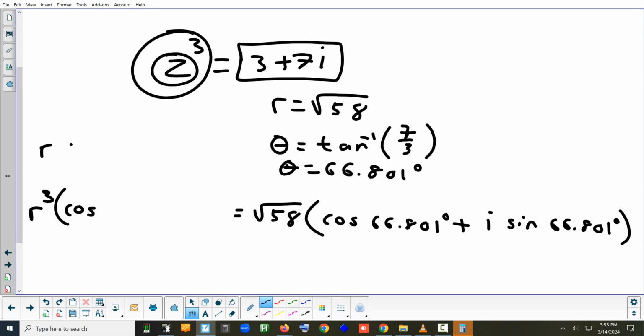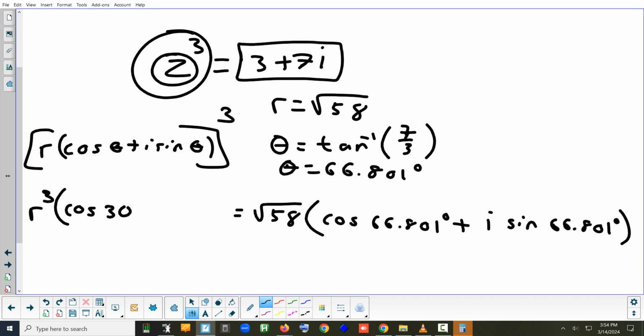You're doing r(cosine theta plus i sine theta) all raised to the third power. That's what needs to go right here. And that's the first part. So r cubed cosine, 3, like to the power of 3, or would it just be 3? 3 theta. Just to make sure it would be okay. And then i sine 3 theta.